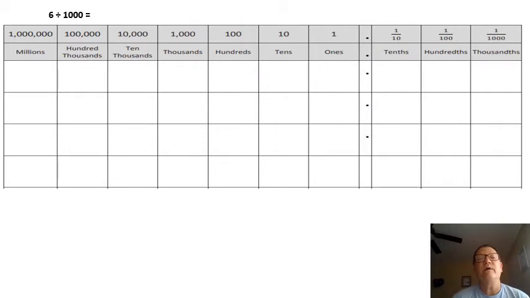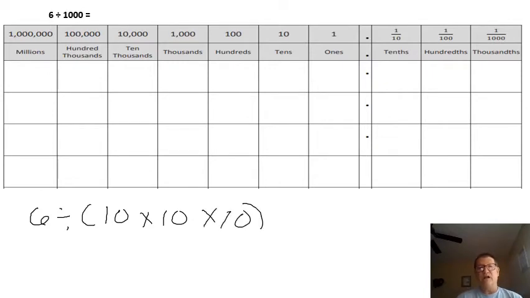Now how about if we did it by 1,000? What do you think? Well, we know that 6 divided by 10, and 10 times 10 is 100, and 100 times 10 is 1,000. So how many place values do you think each digit's going to move? If you said 3, you're correct, because here's 1, 2, 3 10s it took for us to get 1,000.